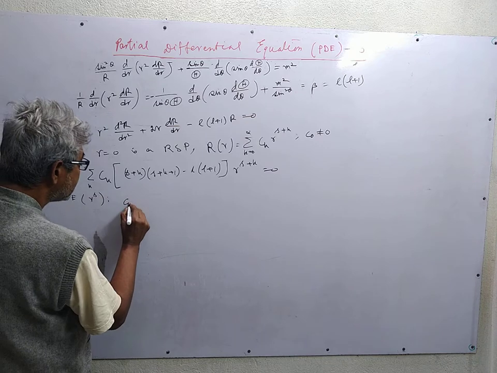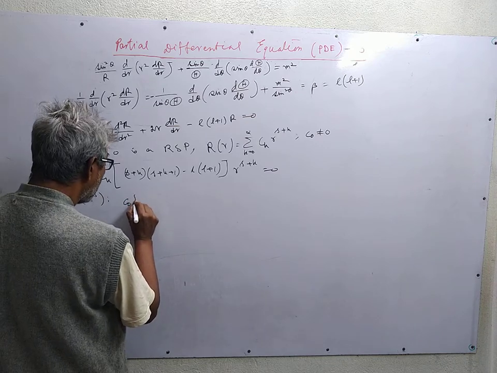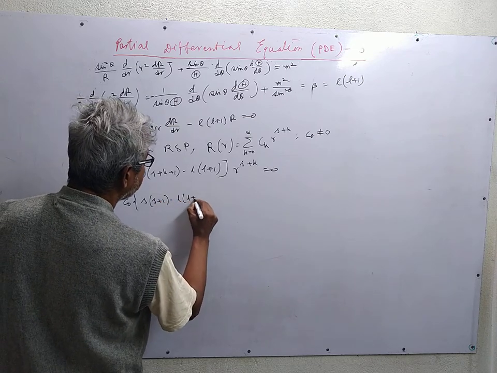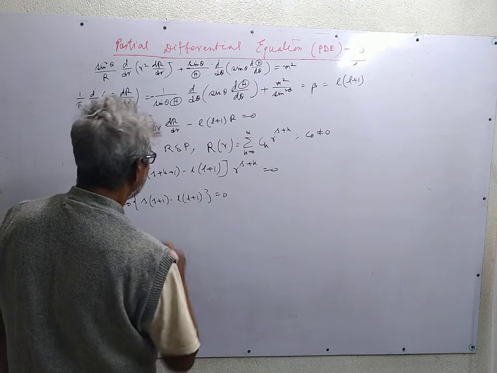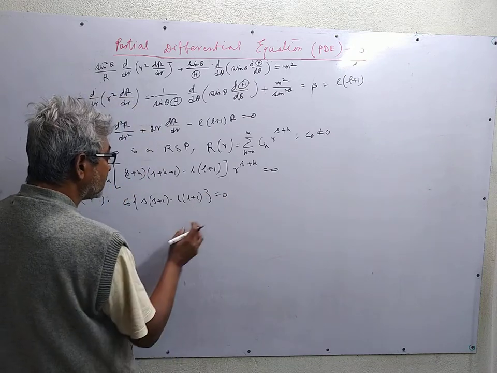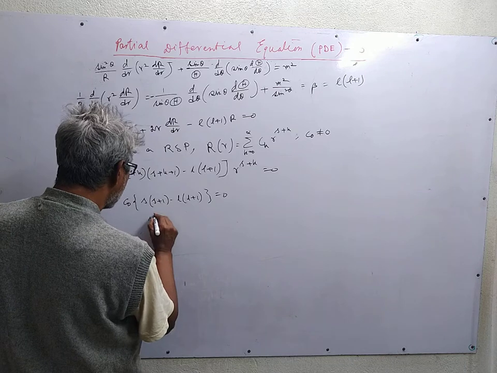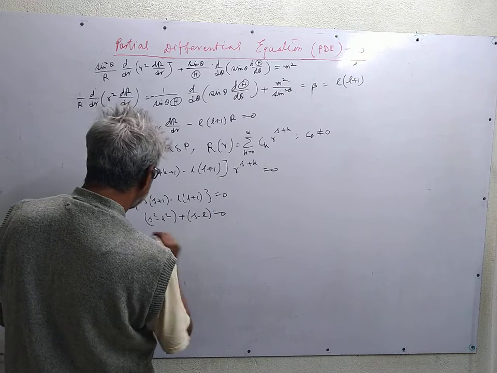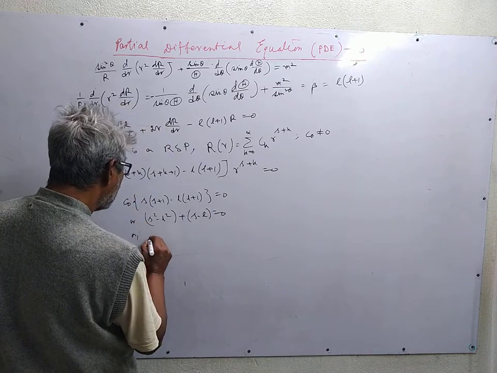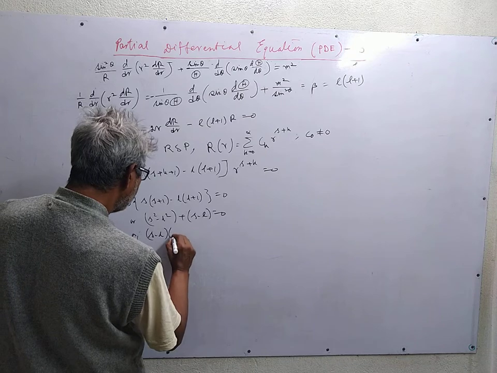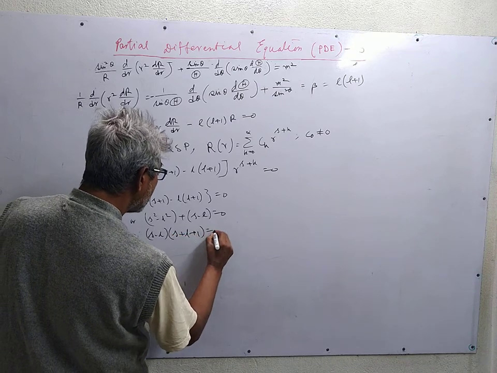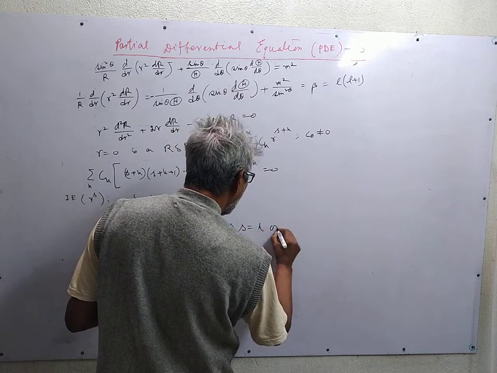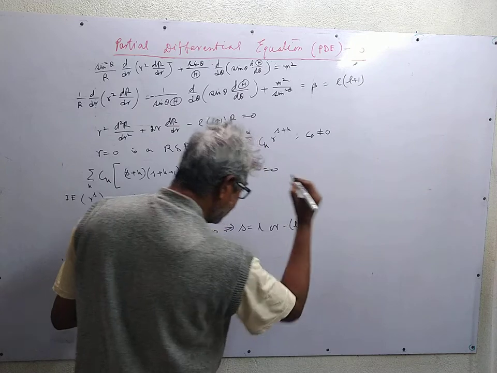So we get c0 into s into s plus 1 minus L into L plus 1 is equal to 0. Since c0 is not equal to 0, this is 0, so s squared minus L squared plus s minus L is equal to 0, or s minus L into s plus L plus 1 is equal to 0, which gives you s is equal to L or minus L plus 1.